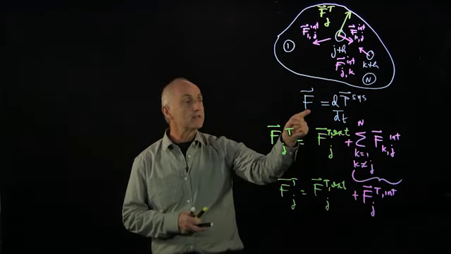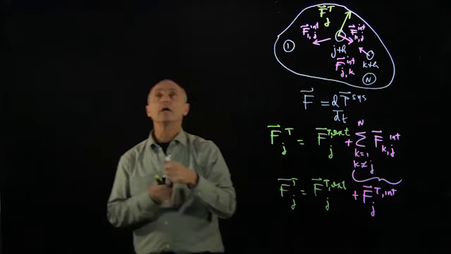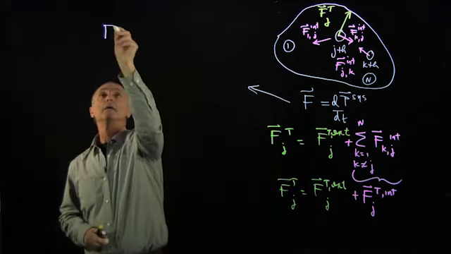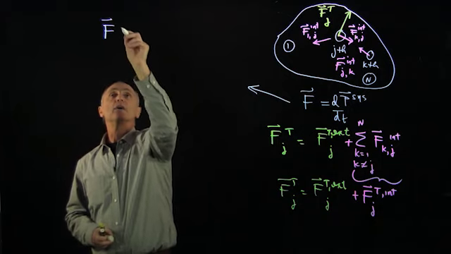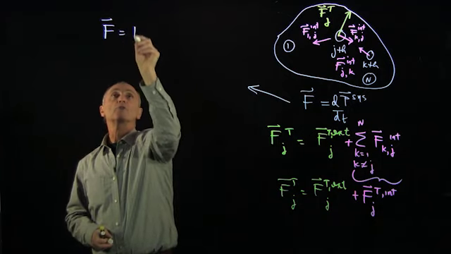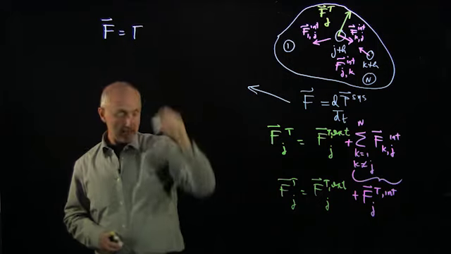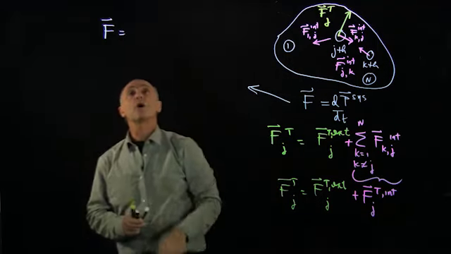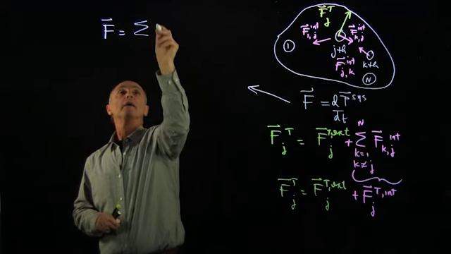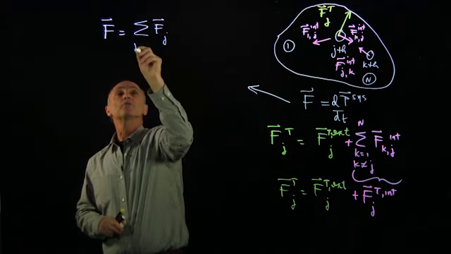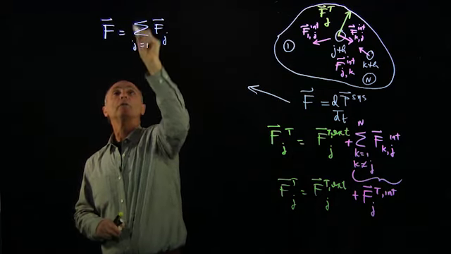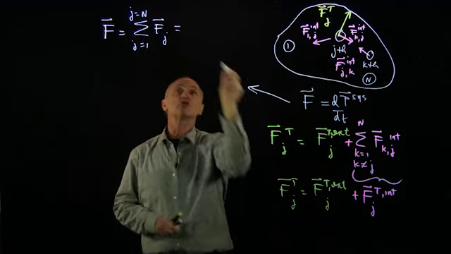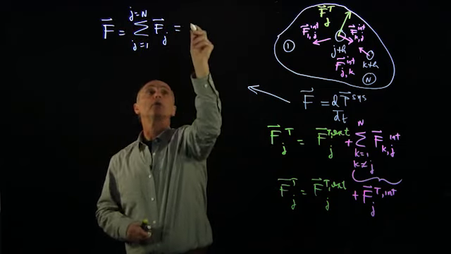And now, when we look at this sum, and we want to apply our main idea, let's explore this. Our total force is the sum of the forces on the jth particle, and we've now done this decomposition. I'm going to drop total.